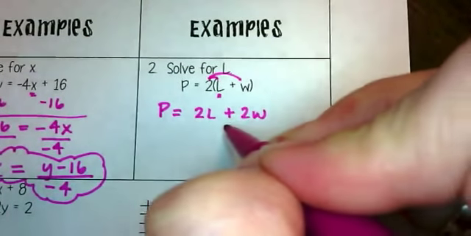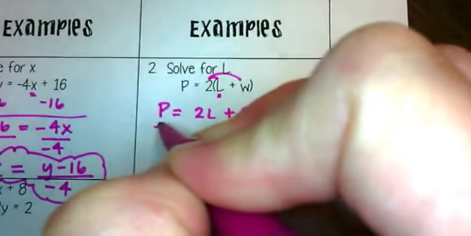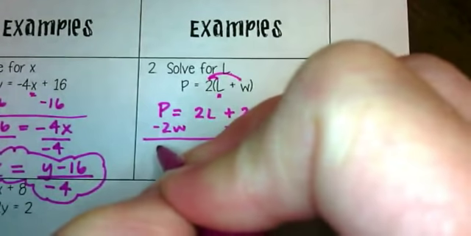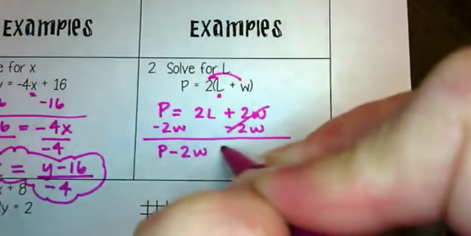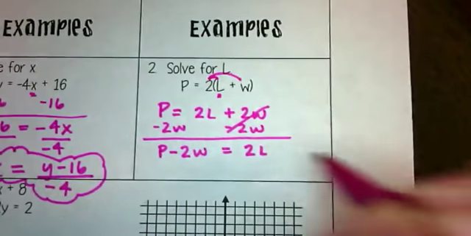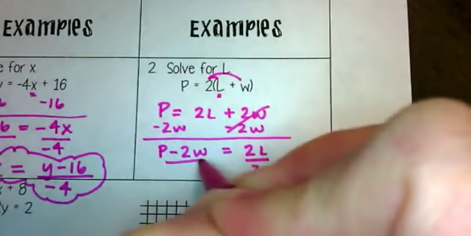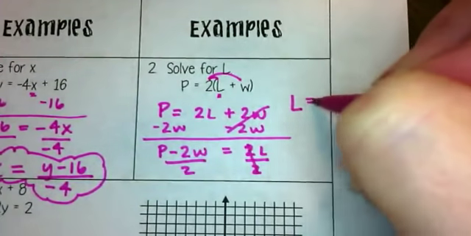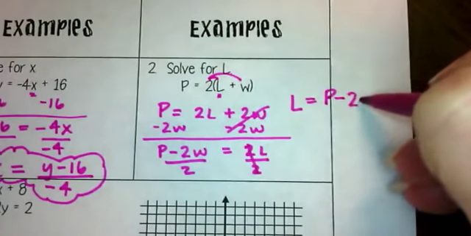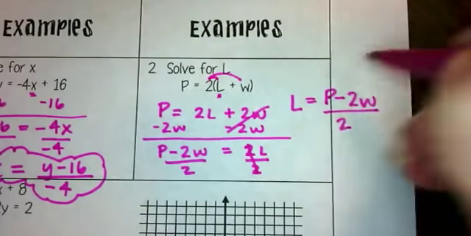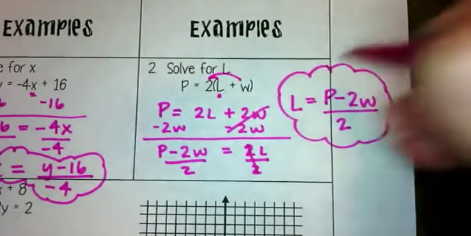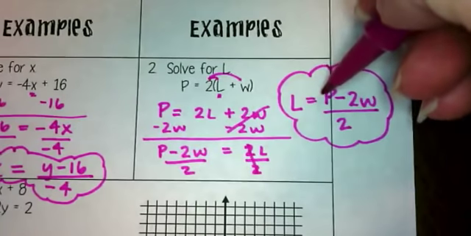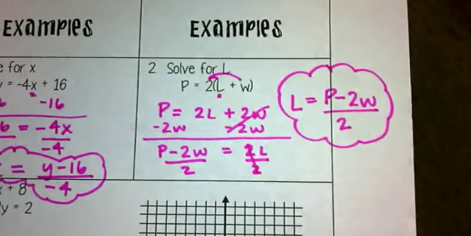We want to get L by itself, so we need to subtract 2W from both sides, so it's gone over there. So P minus 2W equals 2L. And then divide both sides by 2 to get the L by itself. So L would be P minus 2W over 2. And again, we could only cancel those if we had a 2 over here to cancel with as well. So since we don't, it stays as is.